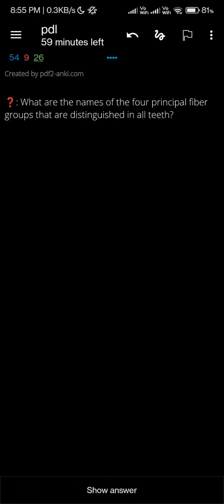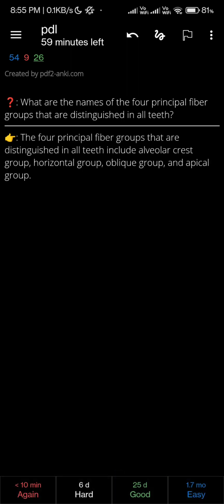What are the names of the four principal fibers that are distinguished in all teeth?